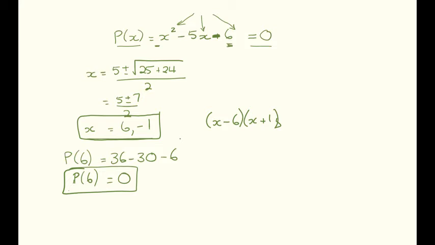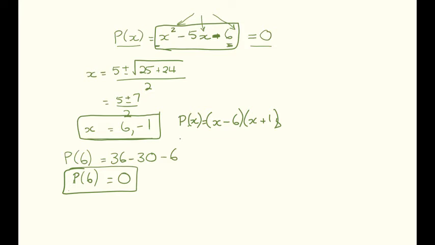So these two here are factors of p of x. So I could write p of x like that as a product of two terms, product of two factors. You can satisfy yourself that if I multiplied those back out, I would get my original polynomial up here.